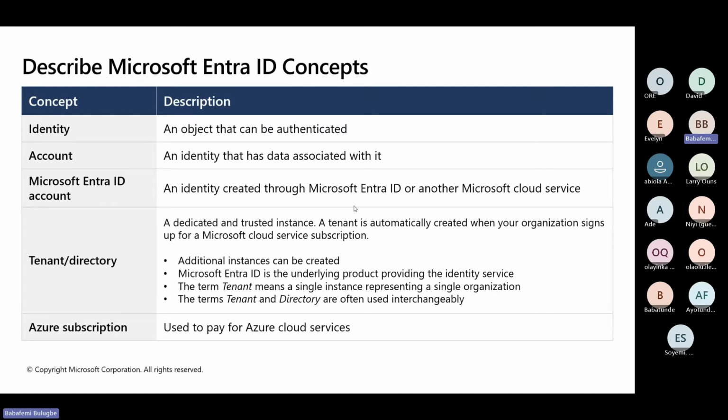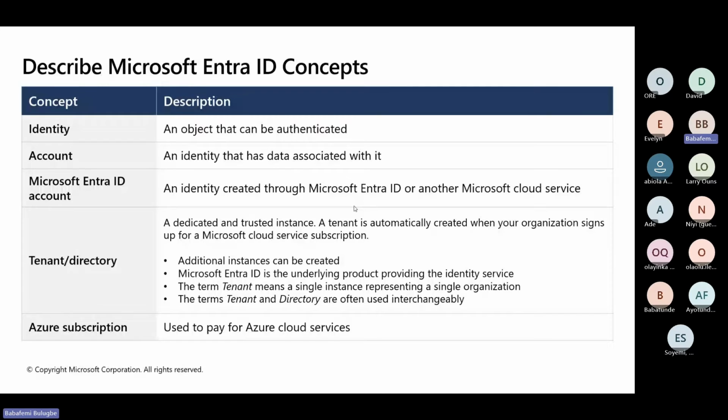So any account created within the Microsoft Azure environment is referred to as an Entra ID account. But your personal account, like your Gmail account or your Yahoo account that you converted to a Microsoft account, is called a personal account.